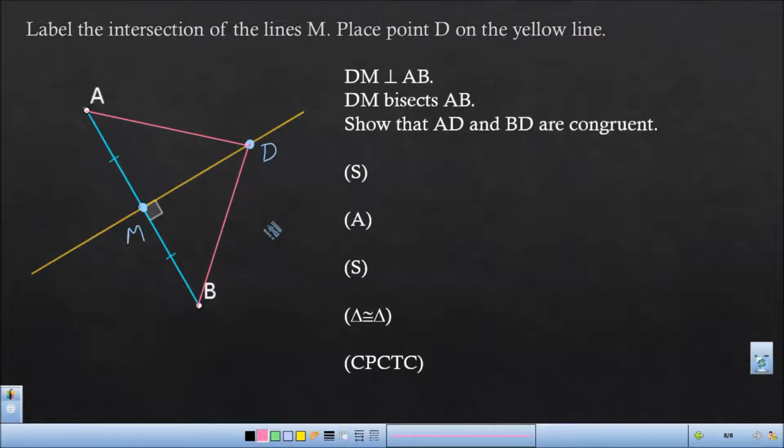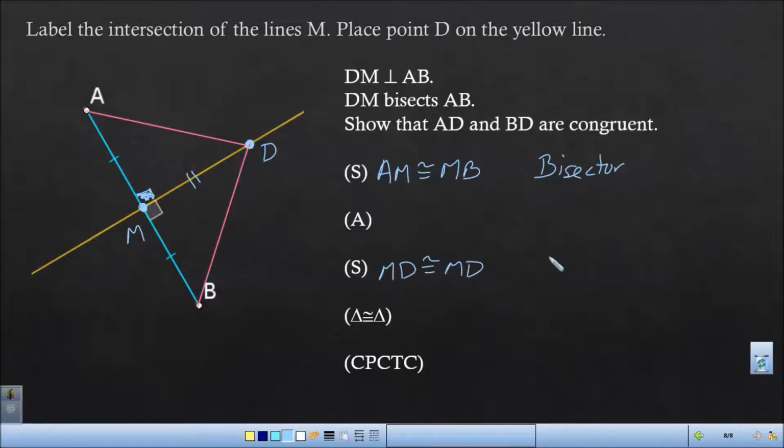Right? You should see here we're looking at a side angle side proof. We have the two sides created by the bisector. We've got the right angles created by the perpendicular part, and of course we have the reflexive side. So AM is congruent to MB because of the bisector. We have MD congruent to MD by the reflexive property.